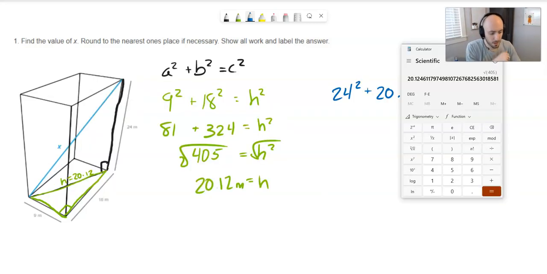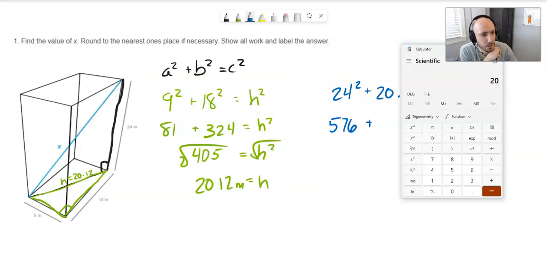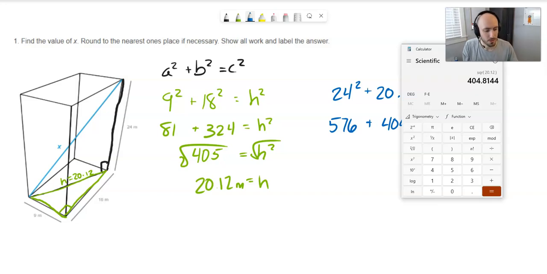All right, so we use our calculator again. 24 squared is 576. 576 plus 20.12 squared. 20.12 squared is 404.81. We add those together. Gives me 980.81.